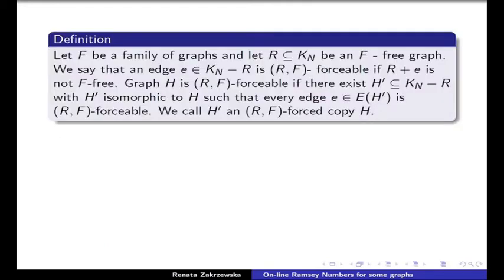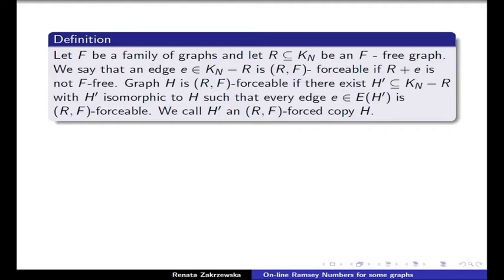Now we consider a definition. Let F be a family of graphs and let R be an F-free graph. We say that an edge is R, F forcible if R plus 1 is not F-free. Graph H is R, F forcible if there exists H prime, isomorphic to H, such that every edge of H prime is R, F forcible.